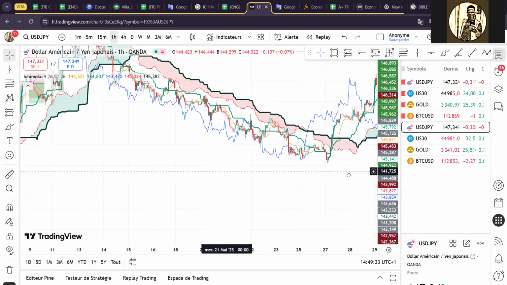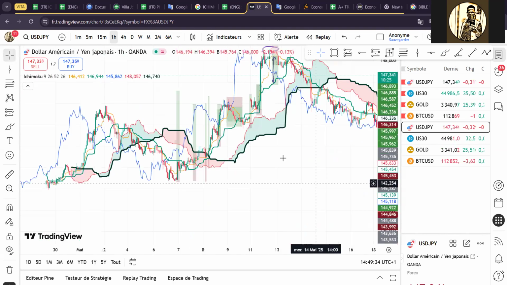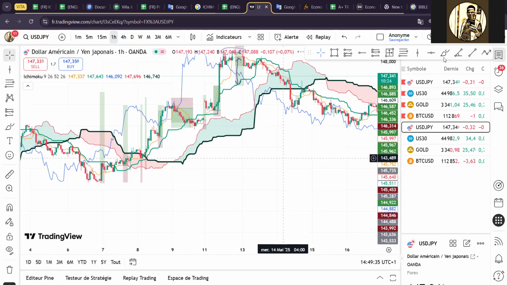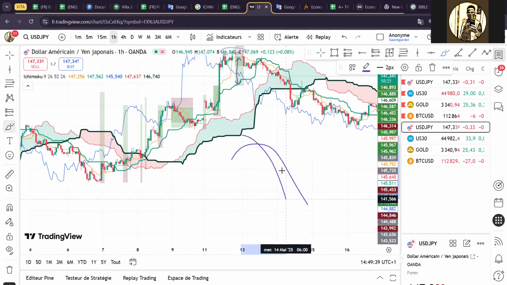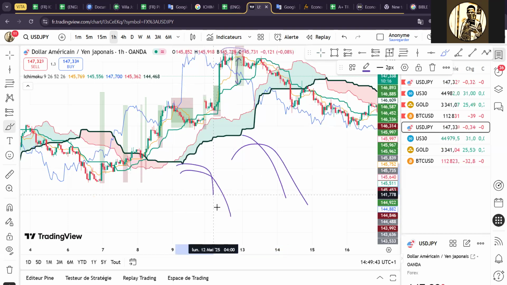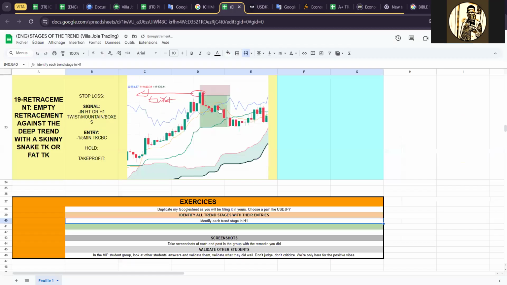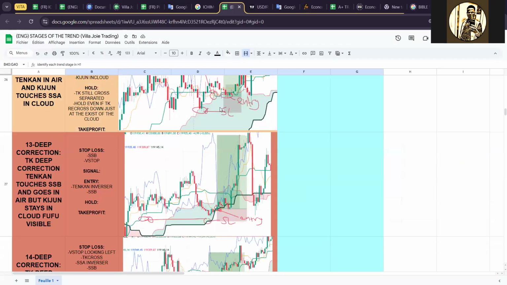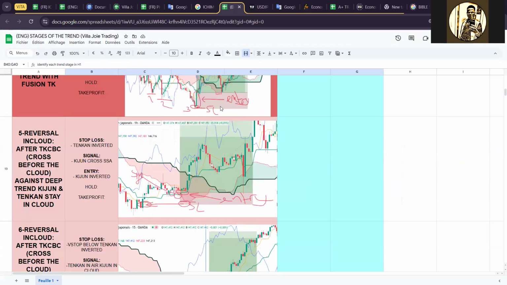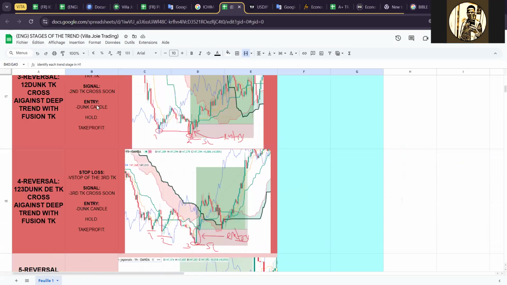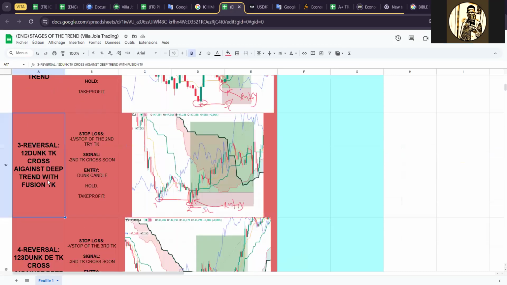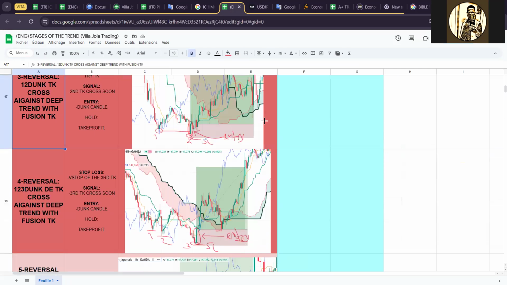This is so far in the past. You need to go on lower time frame and look at the TK cross before the cloud. But the air retracement will always give you, if you sell the reversal, this one in 5 minutes and 15 minutes: those 1, 2, 3 down TK crosses, right?